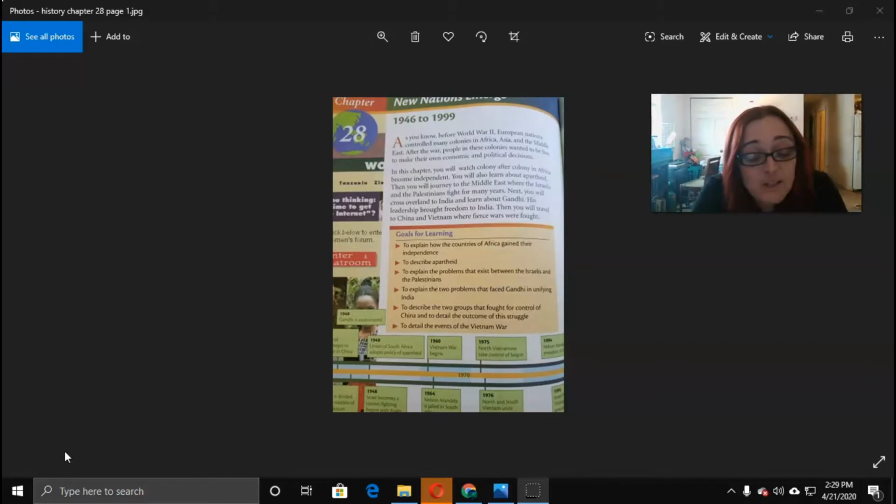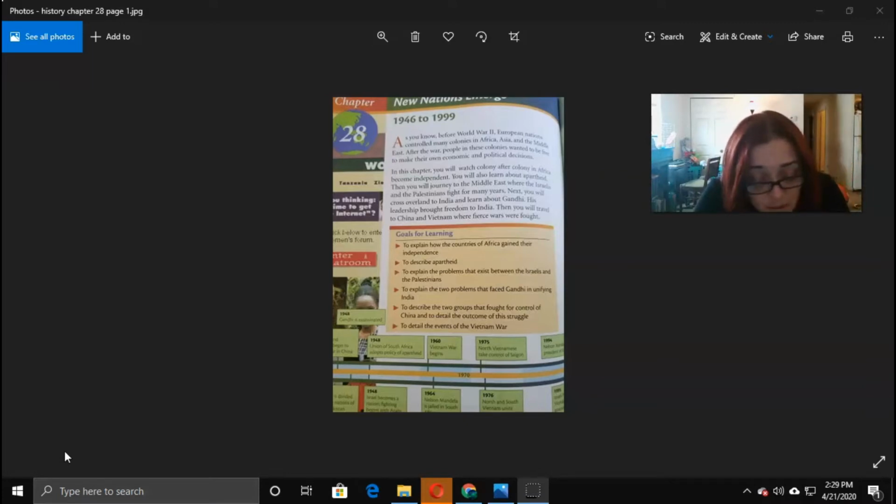Okay, so as you know, before World War II, European nations controlled many colonies in Africa, Asia, and the Middle East. After the war, people in these colonies wanted to be free, to make their own economic and political decisions. In this chapter, you will watch colony after colony in Africa become independent.